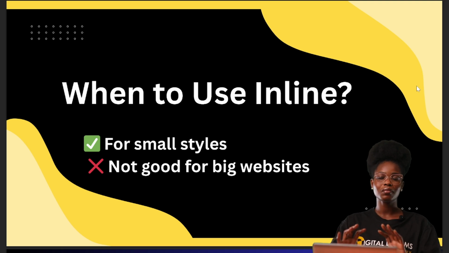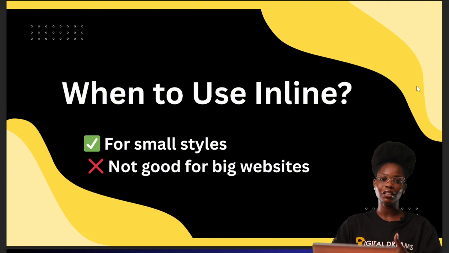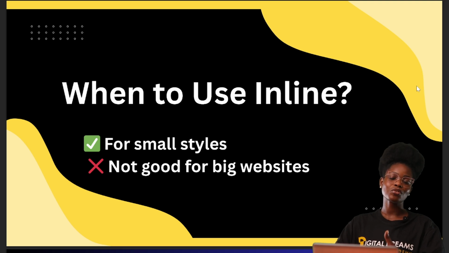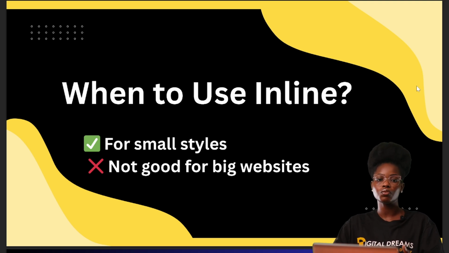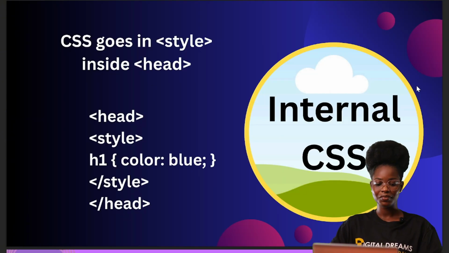I told you the last time that as we were coding and adding more styles to it, the code kept getting longer and longer. You will need to scroll to the other side of the screen to see what's there. If you just want to add a simple style, you can use it. But if you want to add a lot of styles to a particular element, it is not advisable to use an inline style.